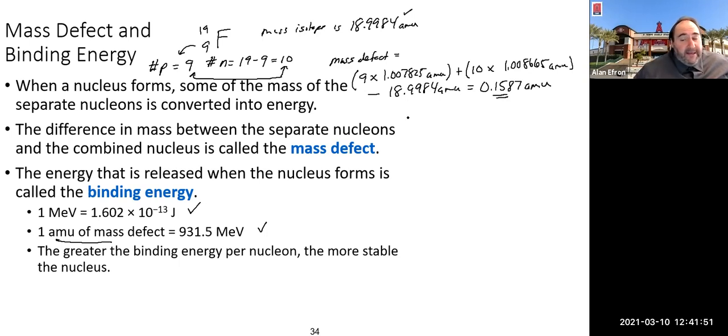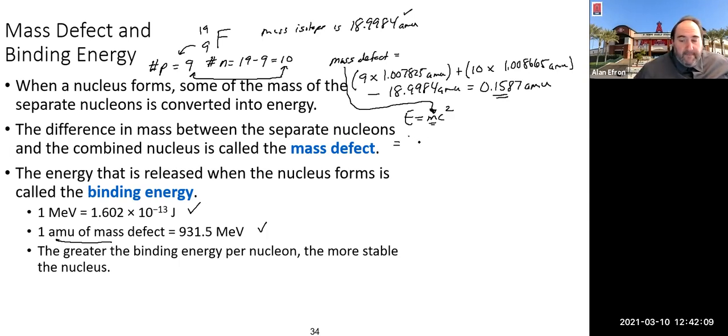And we could figure out that energy one of two ways. We could use Einstein's equation, which is mc squared. M here would be the mass defect, and c would obviously be our speed of light.